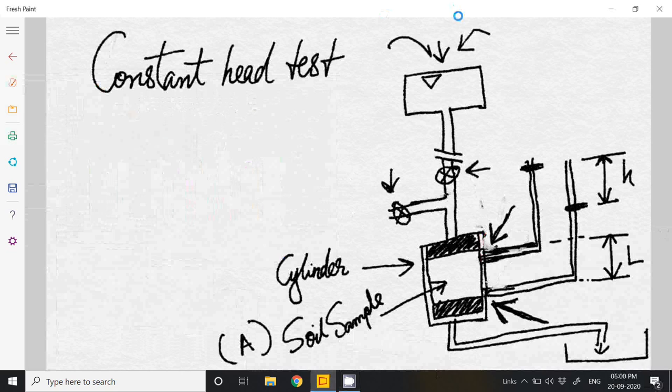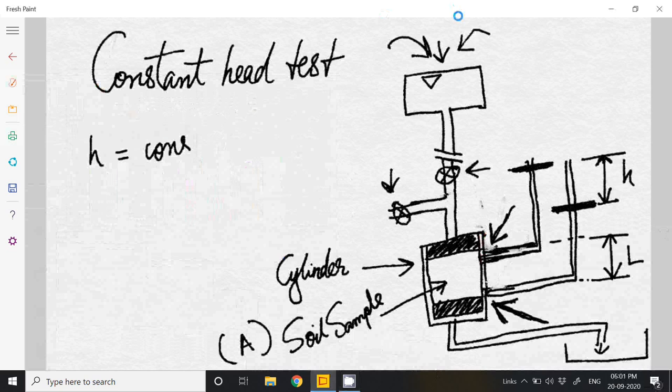At one point of time, when we keep on pouring water, this head that we get varies for a certain point of time, until the point when it becomes constant. That means now the head becomes constant.